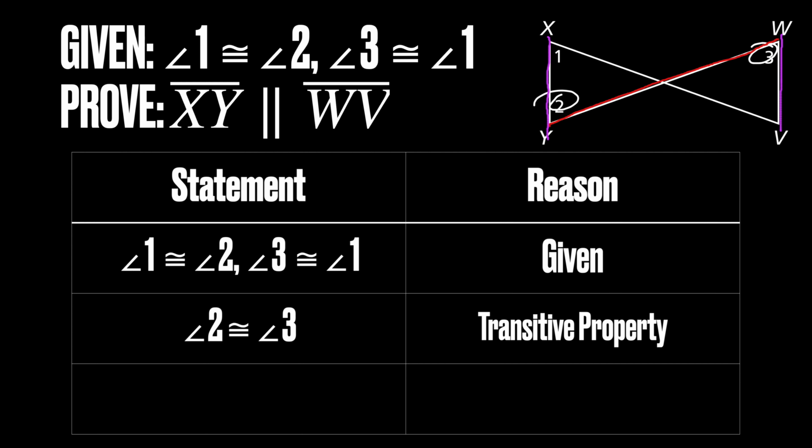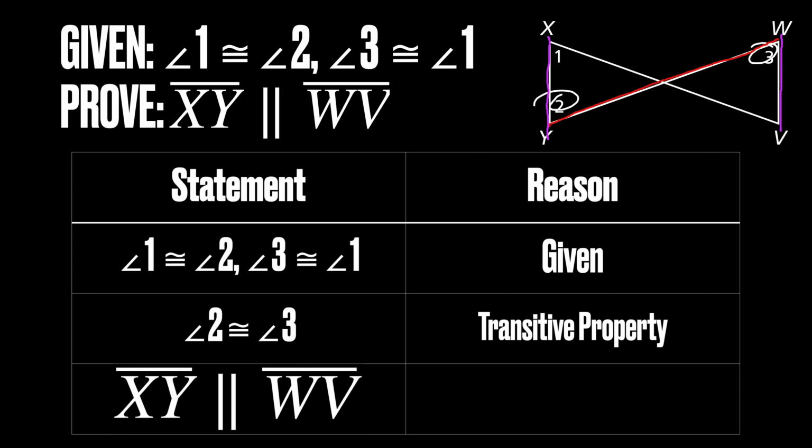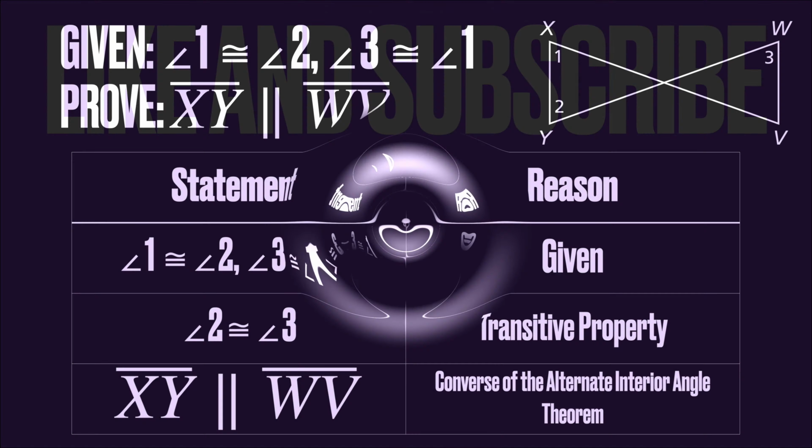Well, they're on the inside of the two lines and on opposite sides of the transversal, which means I can say XY is parallel to WV, and it's because they're alternate interior angles, the converse of. So there we go. Let's move on.